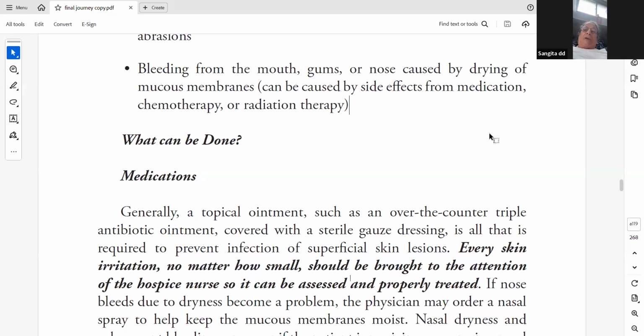You want to know the proper way to turn them so their skin doesn't become fragile and tear, because once it tears, the damage can go very deep through the muscle and down to the bone, and it can become very dangerous for the patient. Infection can get into the blood.